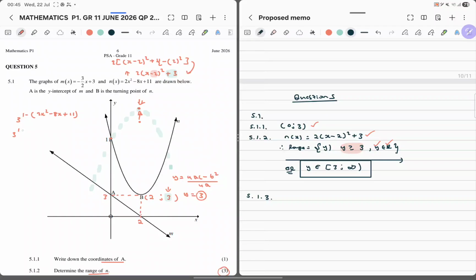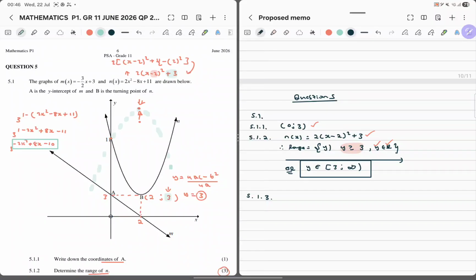Right, we've got 3 to the 1 minus 2x squared plus 8x minus 11. Sort it out. This is 3 to the minus 2x squared. The 1 and the 11 will kill each other. So we're going to have plus 8x minus 10. Now we need to find the maximum value of this thing.